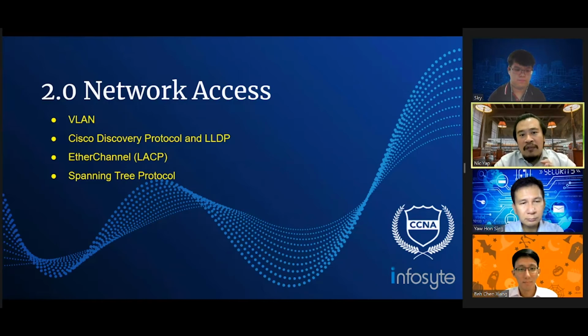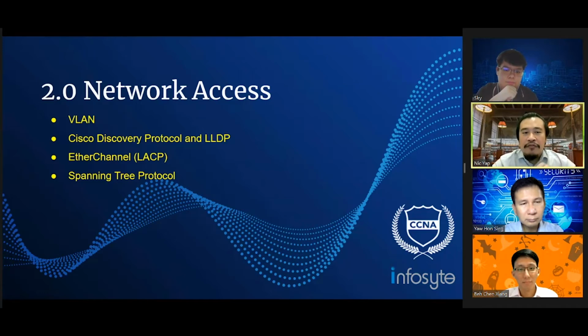We also cover the Cisco Discovery Protocol and also LLDP. These are protocols for us to discover which devices are connected. Who your neighbors are, using the CDP protocol, or the standard protocol called LLDP, Link Layer Discovery Protocol.